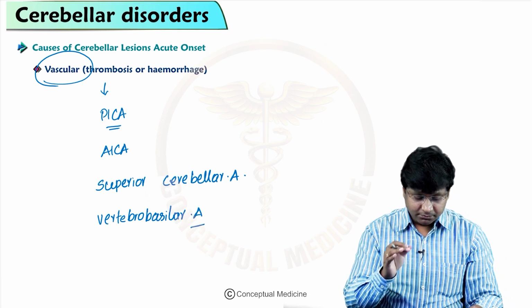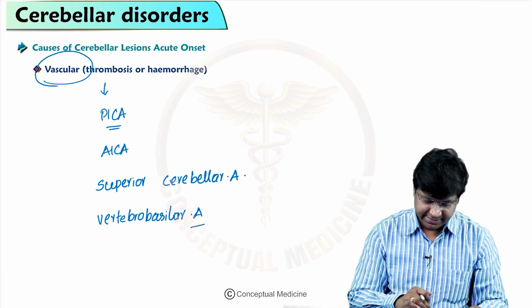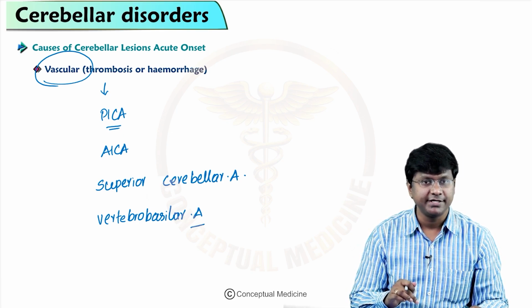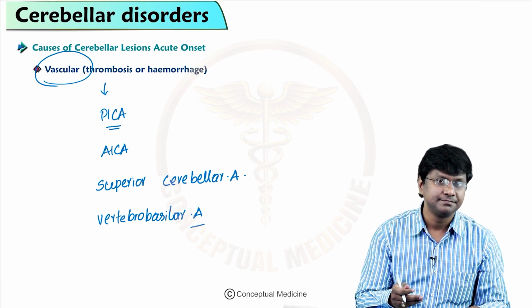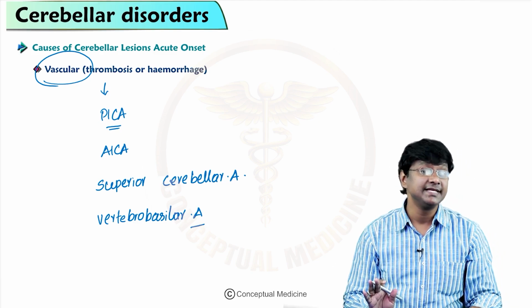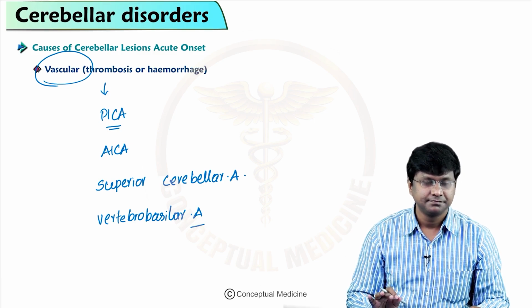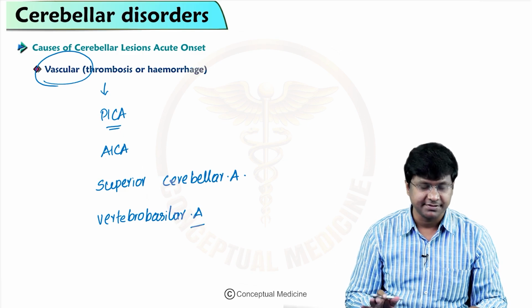So whenever there is thrombosis or hemorrhage of these vessels, the individual will develop acute onset cerebellar signs and symptoms.